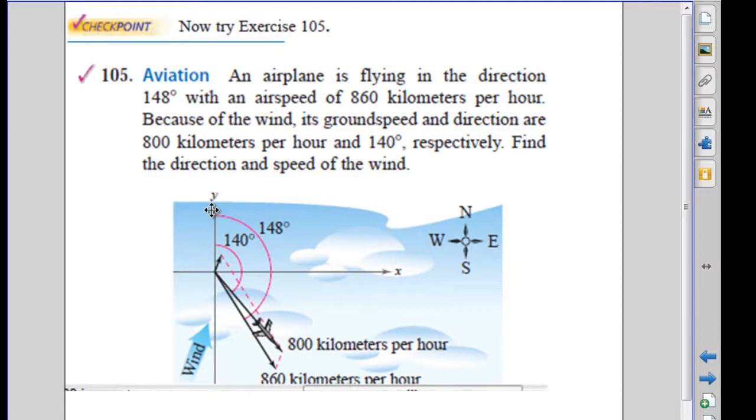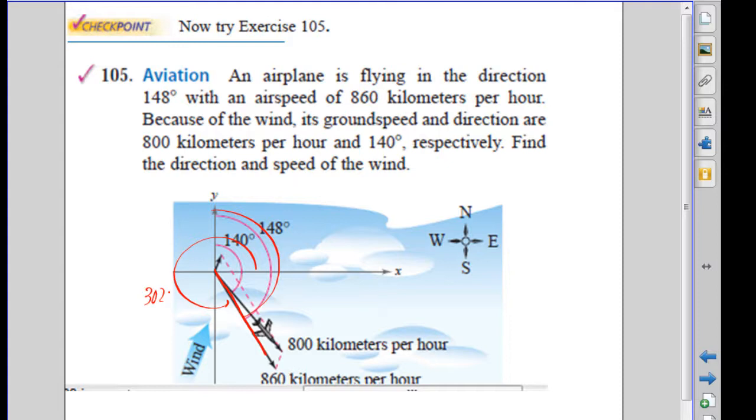All right, go ahead and try exercise 105 in your notes now. So it says an airplane is flying in the direction of 148 degrees. So they're talking from north. So all the way down the airplane, bottom vector is 148 degrees, which going from the positive x-axis all the way around is 302 degrees.